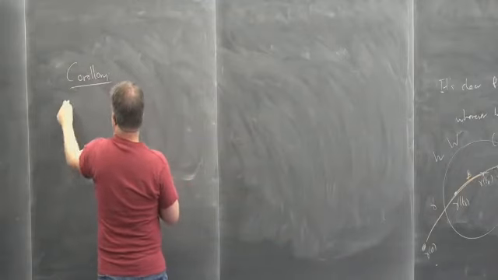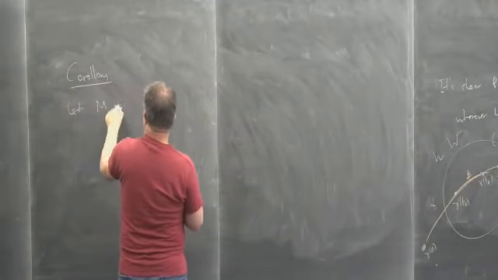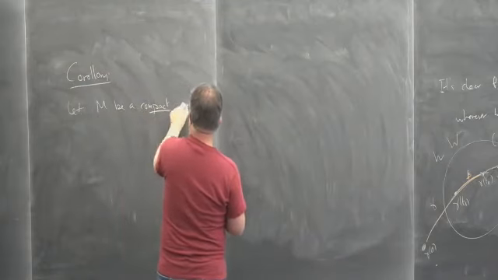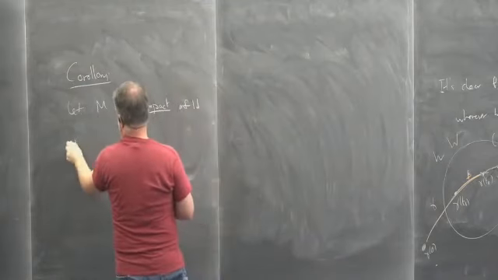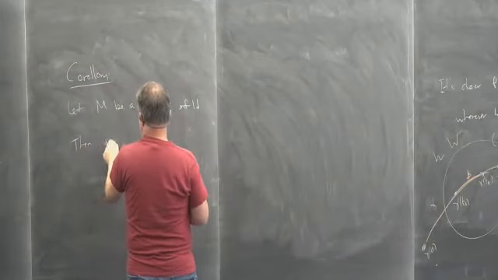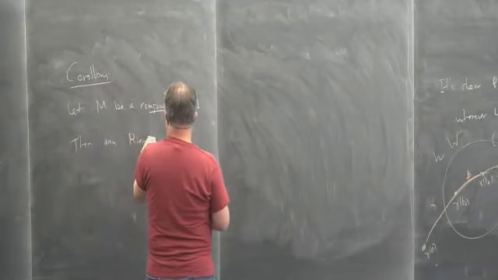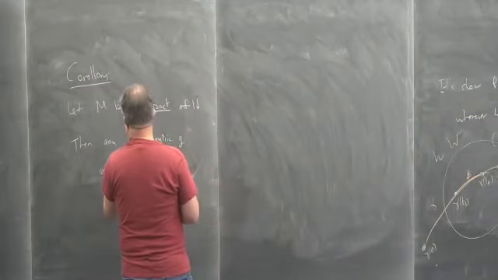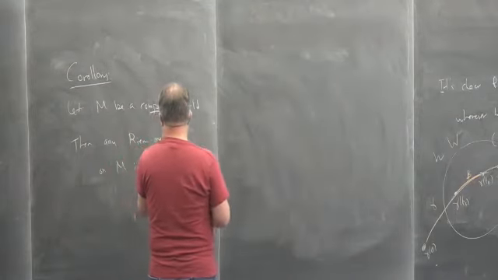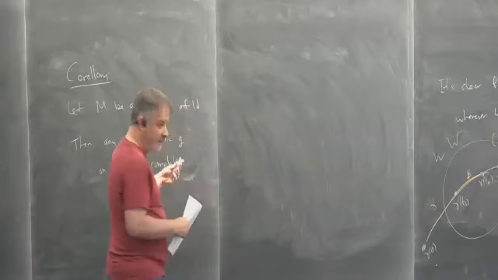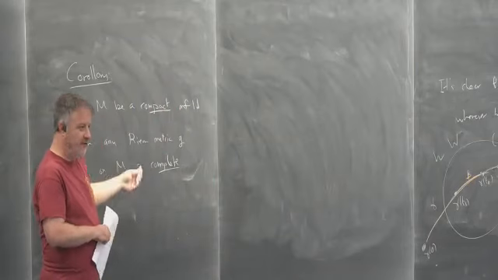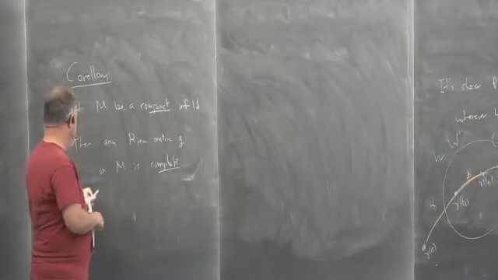Corollary. Let M be a compact manifold. Then any Riemannian metric g on M is complete. And by complete now, I mean geodesically complete, because that's equivalent to the metric space distance function making it into a complete metric space.